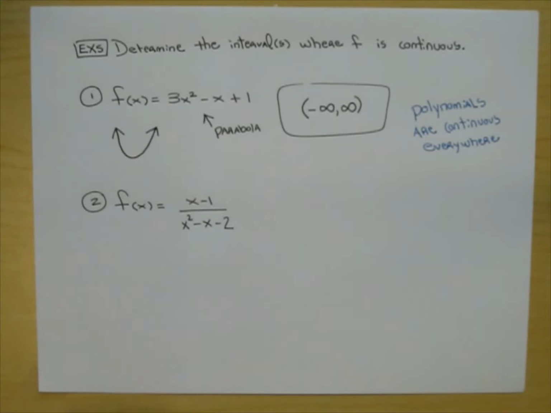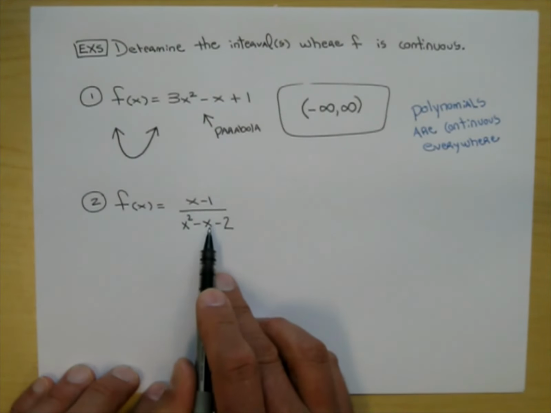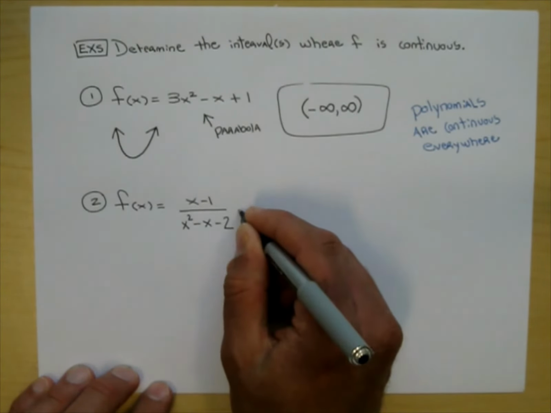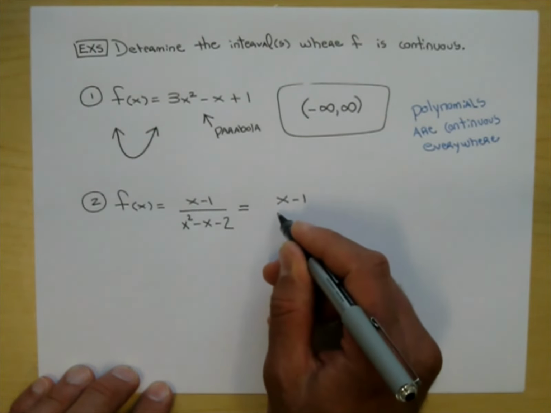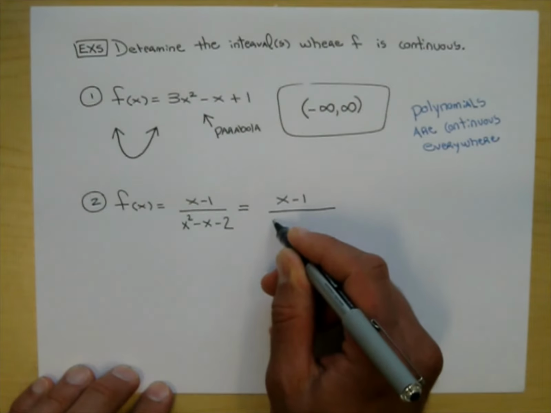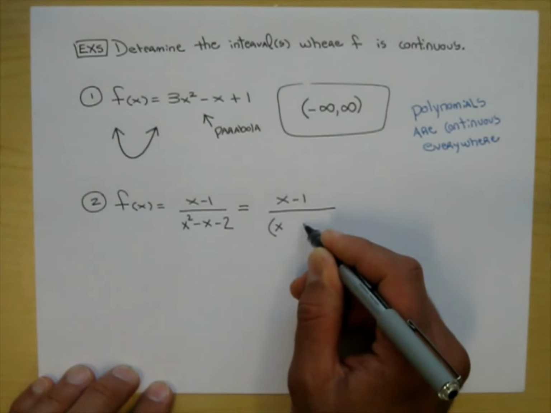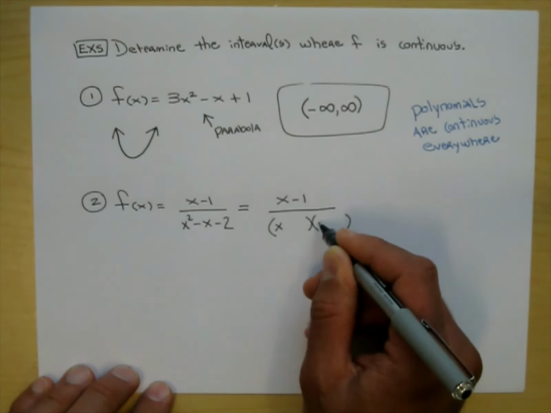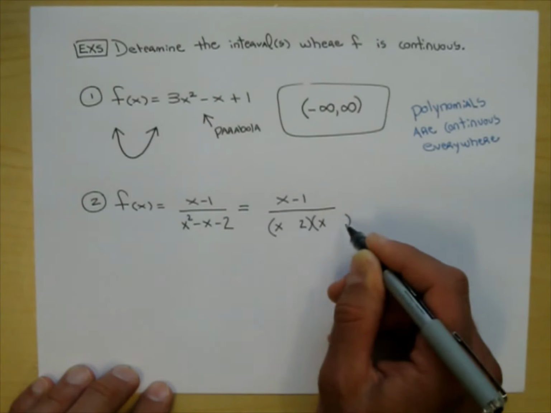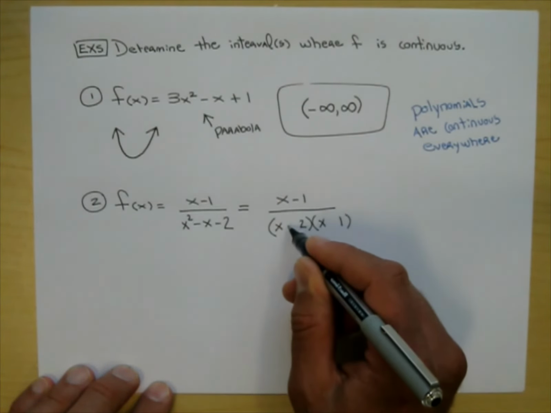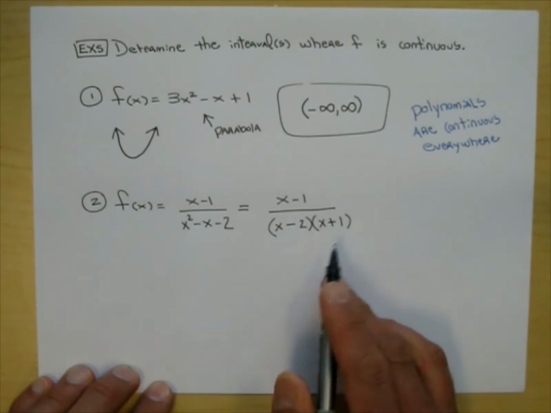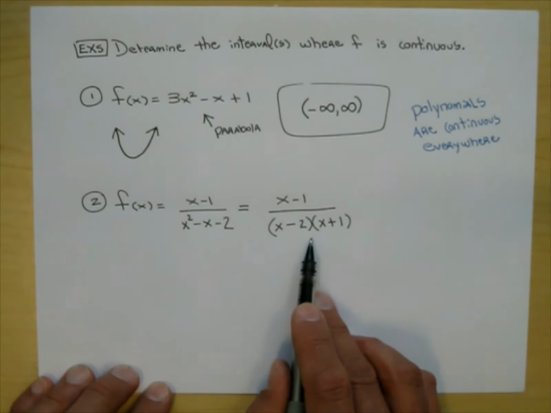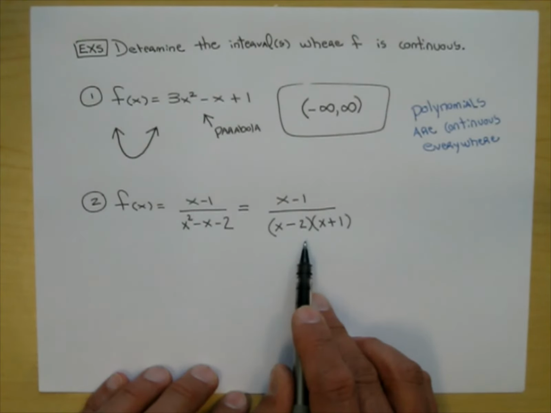What I can do is find the trouble points on this rational expression by factoring the bottom. So this is x minus 1 all over, let's see if we can factor this. Here's x, and then I have a 2 and a 1, and the minus goes on the 2, the plus goes on the 1. Okay, so where are your trouble points?